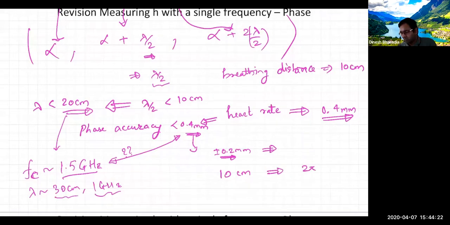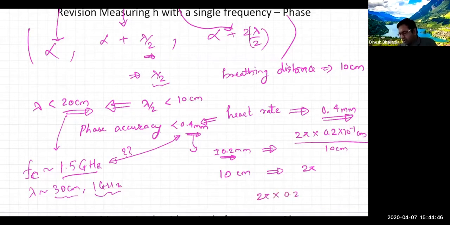What is 0.2 millimeter in that case? It's 2 pi into 0.2 times 10 power minus 1 for centimeter, divided by 10 centimeter. So it's essentially 2 pi into 0.2 into 10 power minus 2.